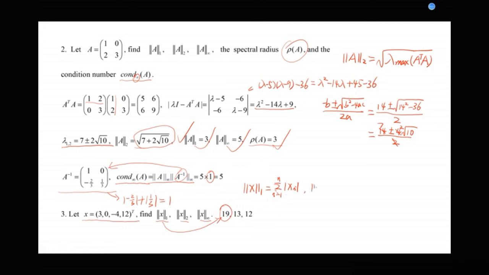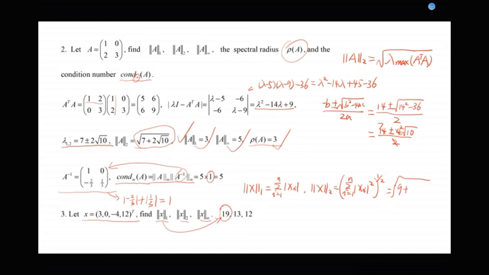And for the 2 norm, it should be the summation over i from 1 to n of xi squared, right? Then the square root. Okay, so here directly the square root of 3 squared, which is 9, right?